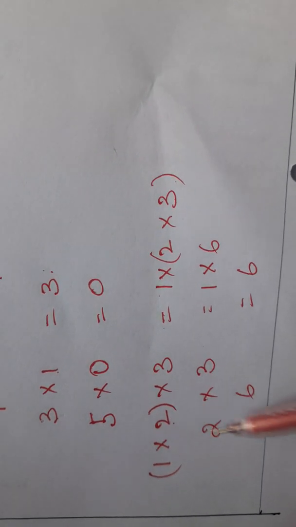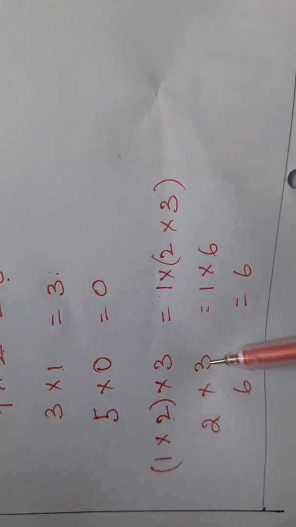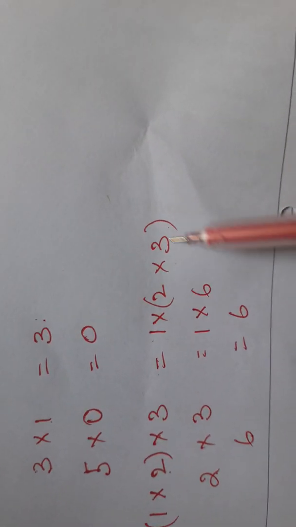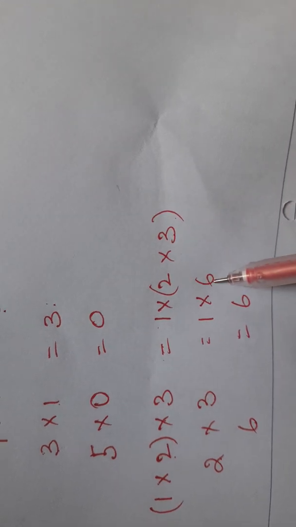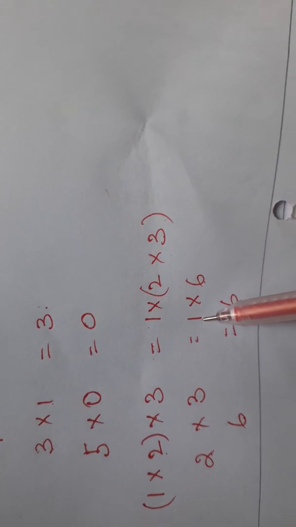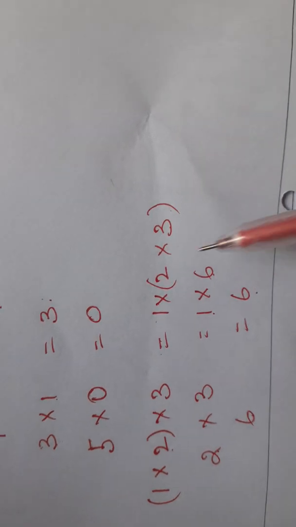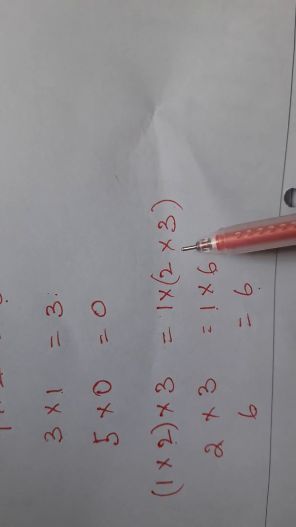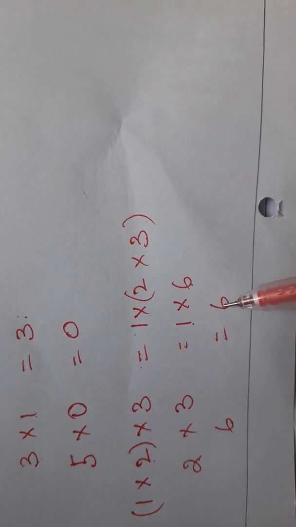So 1 twos are 2 into 3, 2 threes are 6; on the right side 2 threes are 6 into 1, it is 6. Whatever the grouping, the answers will be the same.